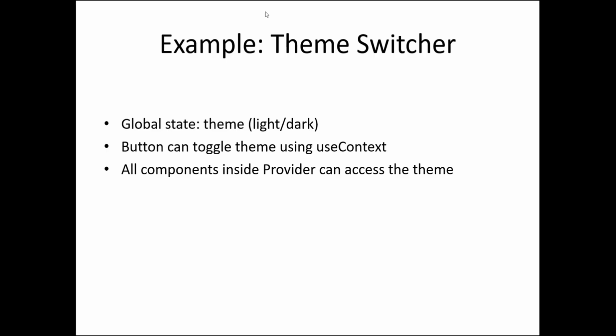For example, if we take a counter app, the counter value is global, and the components like increment or decrement buttons dispatch actions, and the reducer updates the global state, and all components using it re-render automatically.